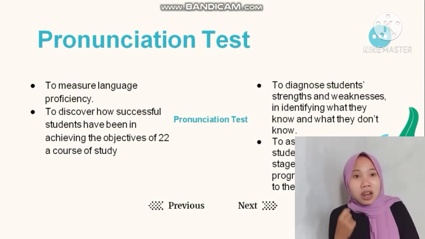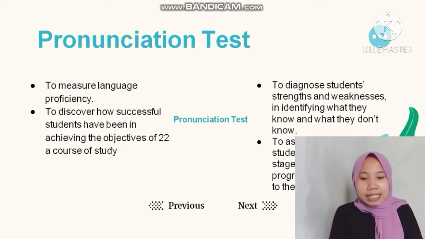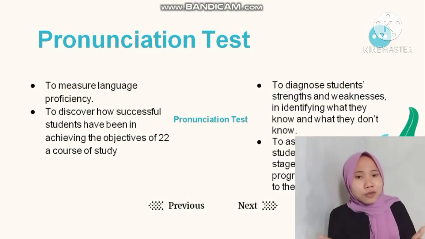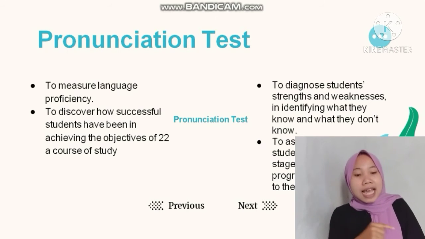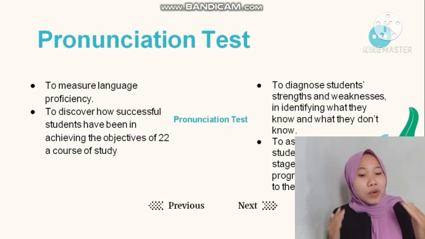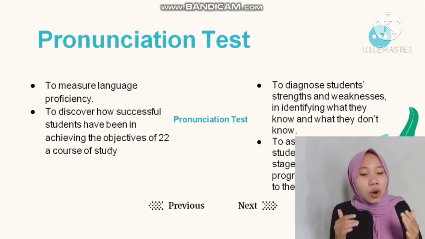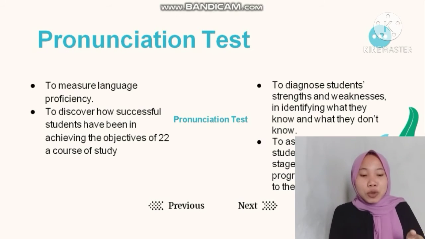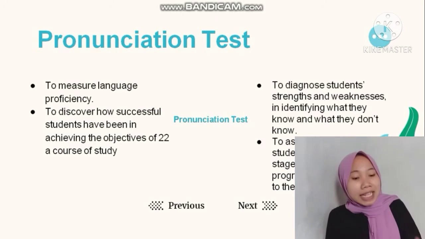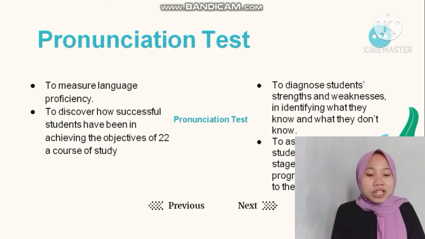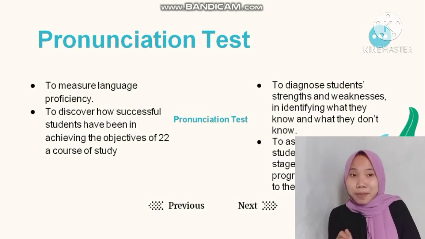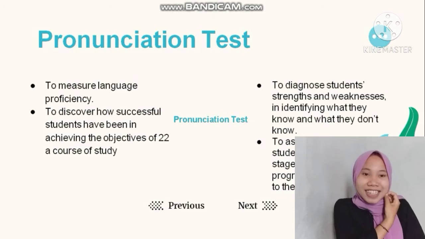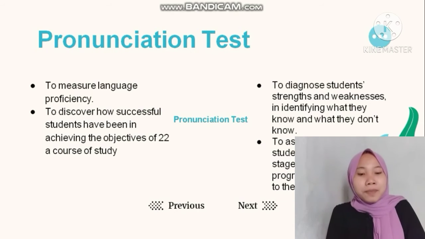The next is to discover how successful students have been in achieving the objectives of the course. The next is to diagnose students' strengths and weaknesses, identifying what they know and what they don't know. This is important, right? And the next is to assist placement of students by identifying the stage or part of the teaching program most appropriate to their ability. Okay, this is about the pronunciation test.